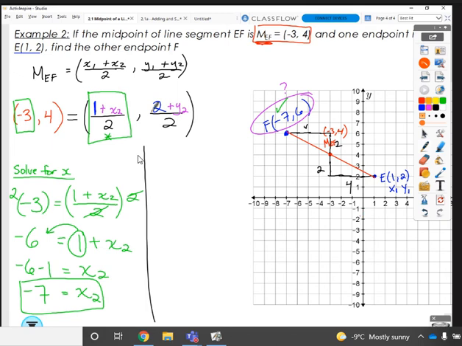Likewise, 2 plus something divided by 2 has to equal 4. So 4 is going to be 2 plus something divided by 2.